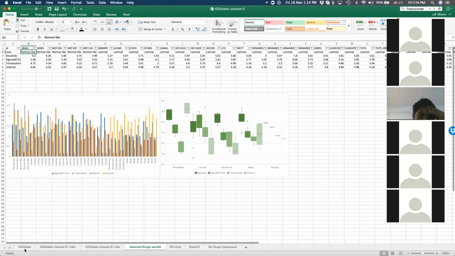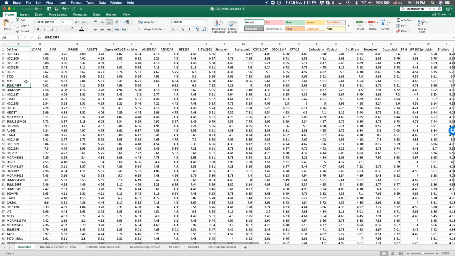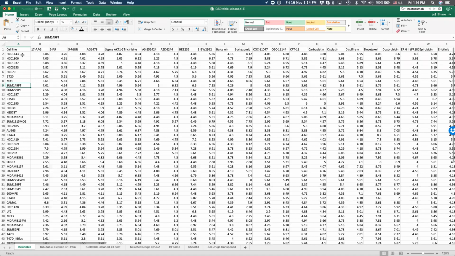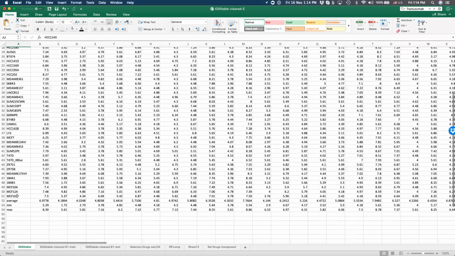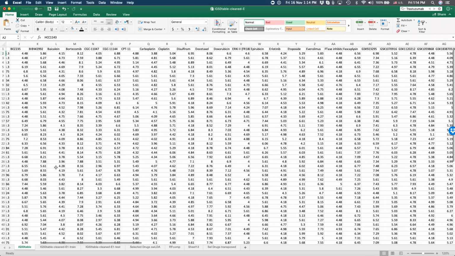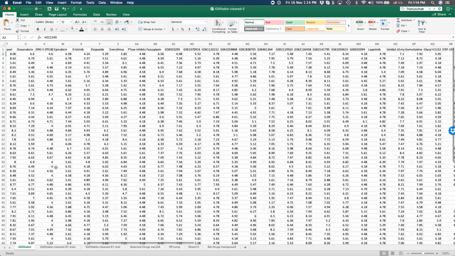Let's see, this is going to be the GI50. So you can see that this actually includes a subset of cell lines. So we don't have all of the cell lines, and we want to be able to understand something and then compare to the publication.